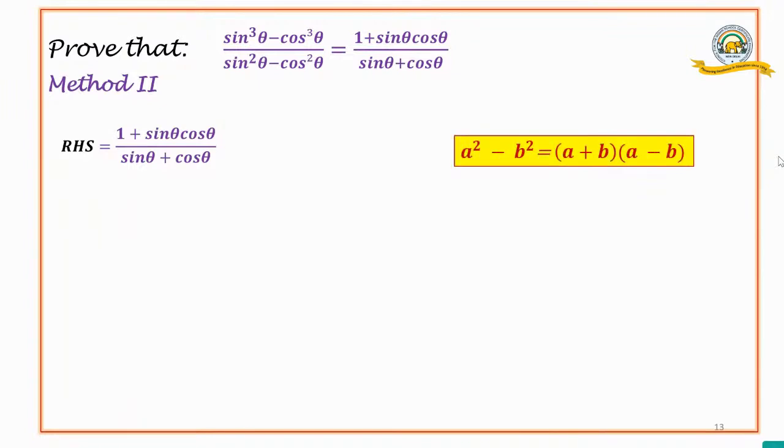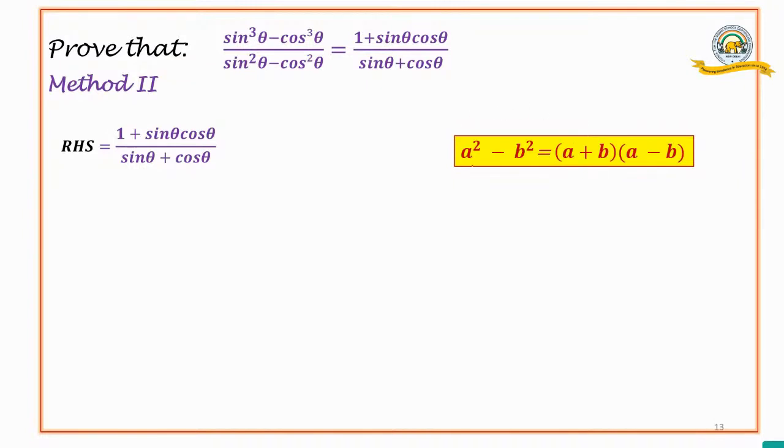Now, have a look how the thought process must come in. Now, you thought you'll start from the right-hand side. I said, keep an eye on which side you are going to prove. On the left-hand side, I can see sine square theta minus cos square theta. Again, algebraic identities: a square minus b square is a plus b into a minus b.